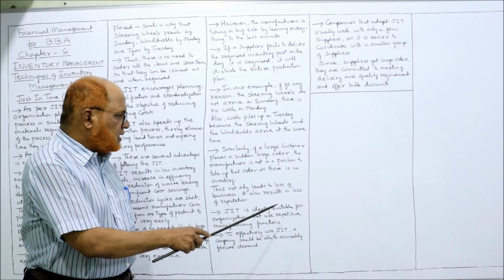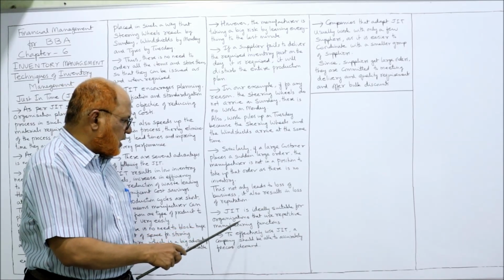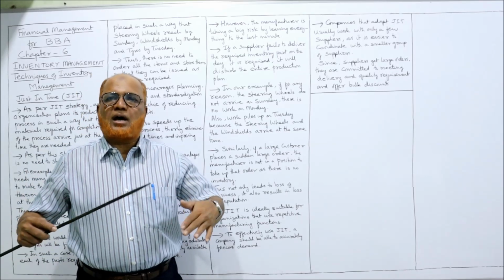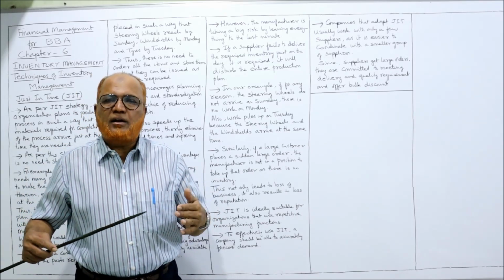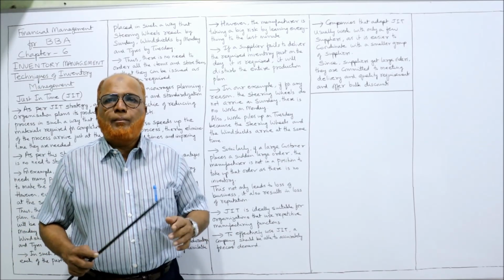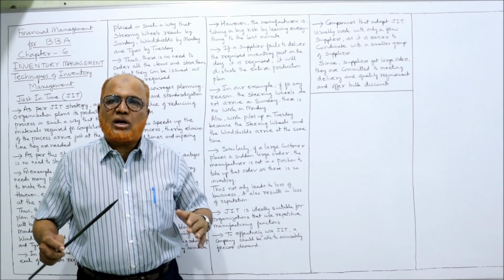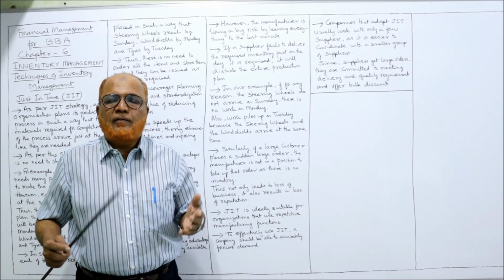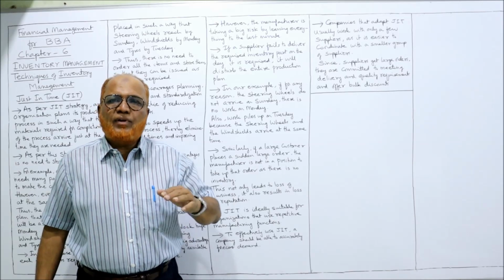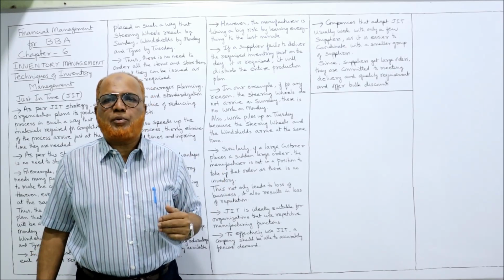So JIT is ideally suitable for organizations that use repetitive manufacturing functions. Repetitive means the same type of work is being done. In that organization only can JIT be applied. But every organization does not have repetitive work. There are many organizations where products are unique. Every time a new type of product has to be produced.